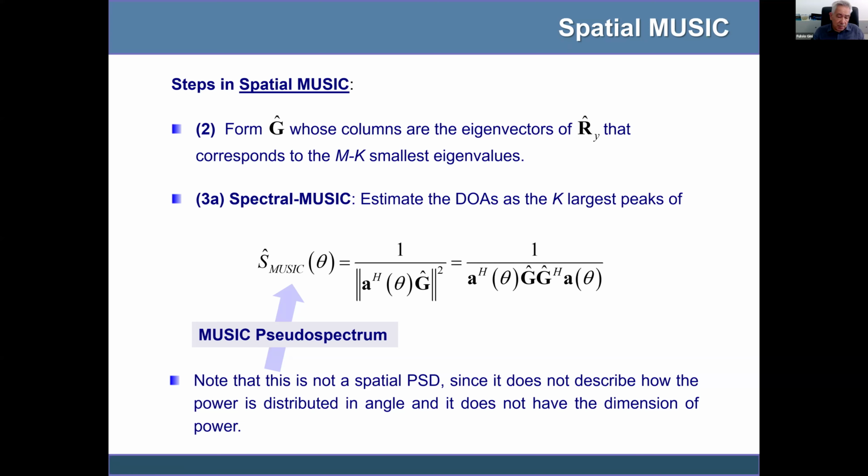The shape of this functional is not important. The only thing that matters is the position of the k largest peaks. So there is no information in the shape of the spectrum. Except for the position of the peaks, it does not bring any useful information. That's why it is called pseudo spectrum, and the method is called spectral MUSIC.